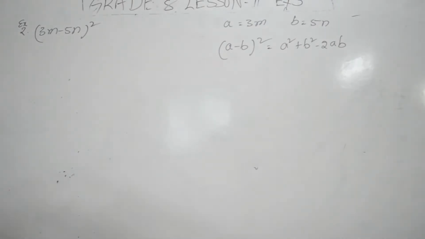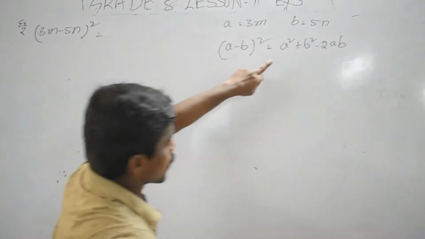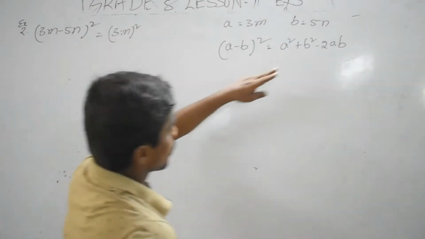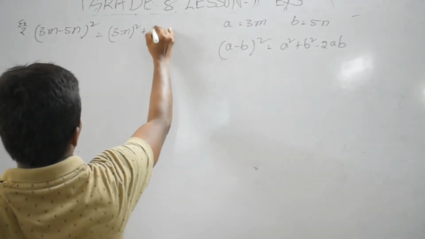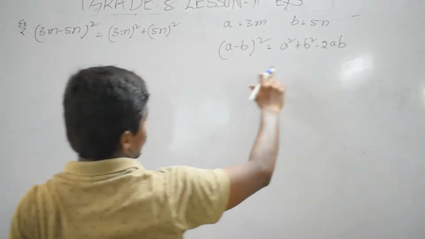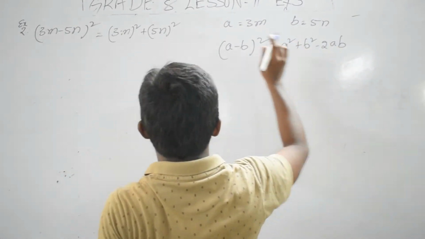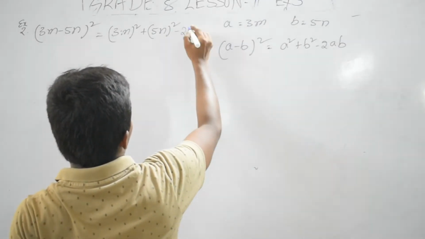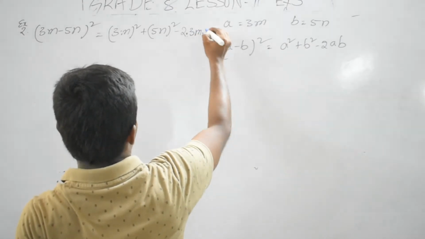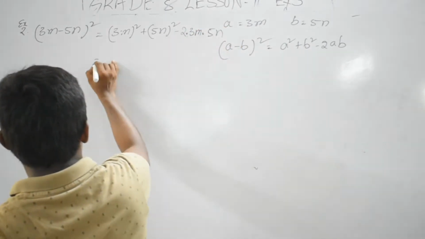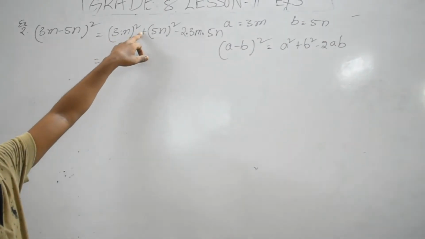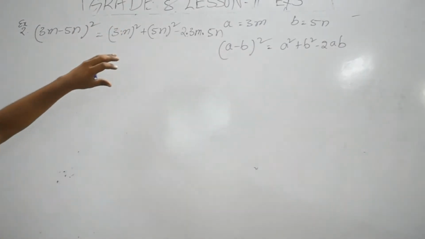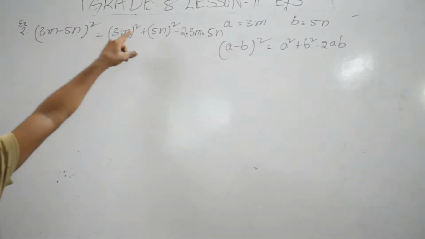Now here, see, as it is, a square, a value 3m square, plus b square, b value 5n square, and minus 2ab. So 2 times 3m times 5n. This is the whole square, whole square means in the bracket all terms apply the square.